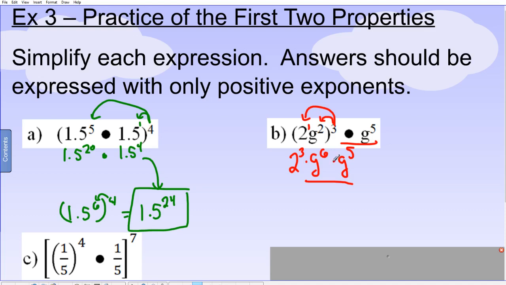Since they're being multiplied together, I can add their exponents. So this becomes g to the 11th power. And I'm just going to leave 2 to the 3rd as is. There's no other base of 2 for it to combine with. So it is done, and this is actually as simplified as we can get.